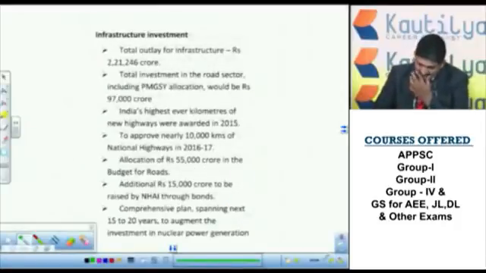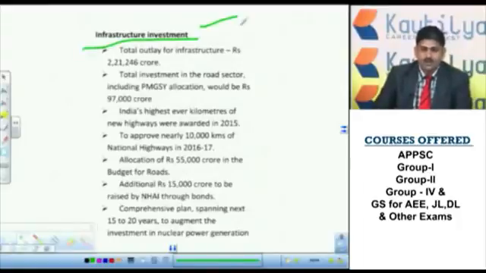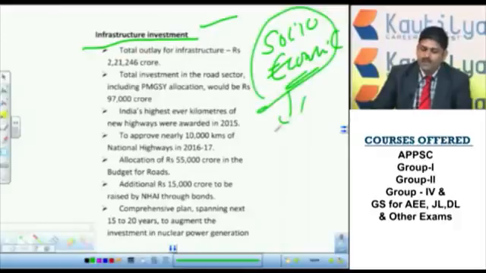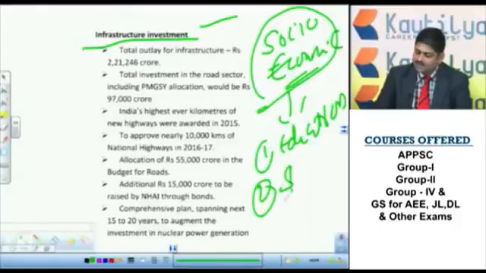Next, if we see the next component, infrastructure investments. In order to bring socio-economic development, the important sectors we have to invest in are, one, education, because education creates opportunity, and opportunity creates wealth. Next, social, that is the health sector.